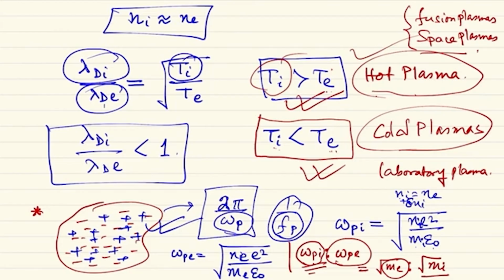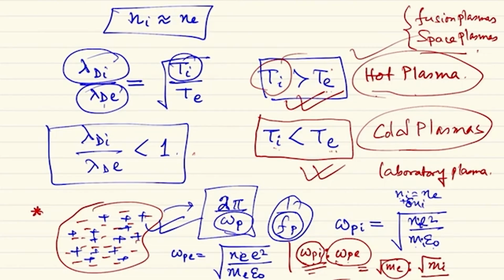But you see that, unlike the Debye length, here omega pi and omega pe, their respective weightage does not depend on the nature of the plasma, whether the plasma is hot or cold, right? That is a very interesting thing.